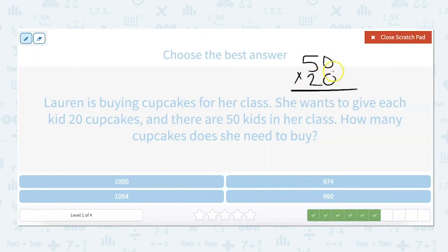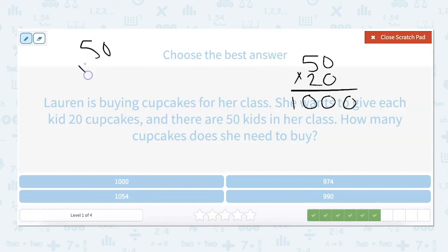And another quick way you could do this is, so you know 5 times 2 is 10. And then since it's 20, you add 2 zeros, but that's a little bit confusing to remember. So let's just do it the long way.